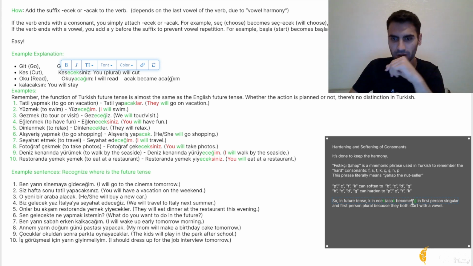Anyways, yes, P becomes B. Ç becomes C, the soft version of Ç.